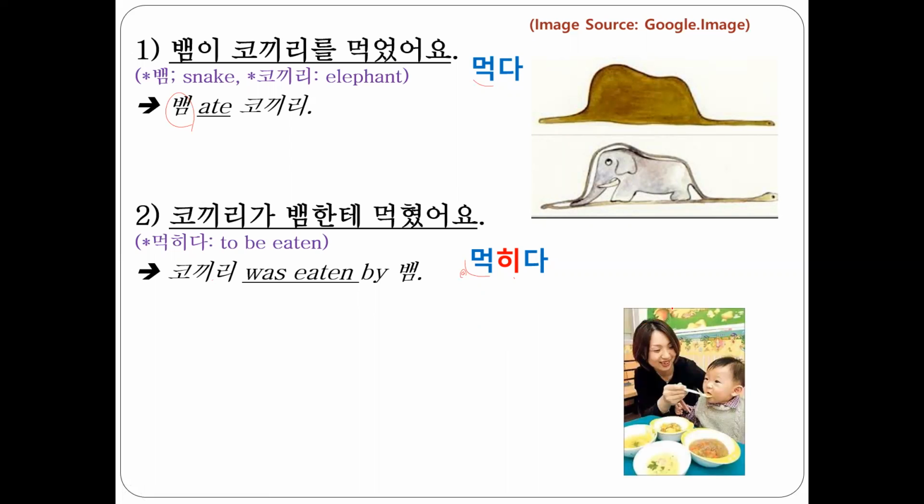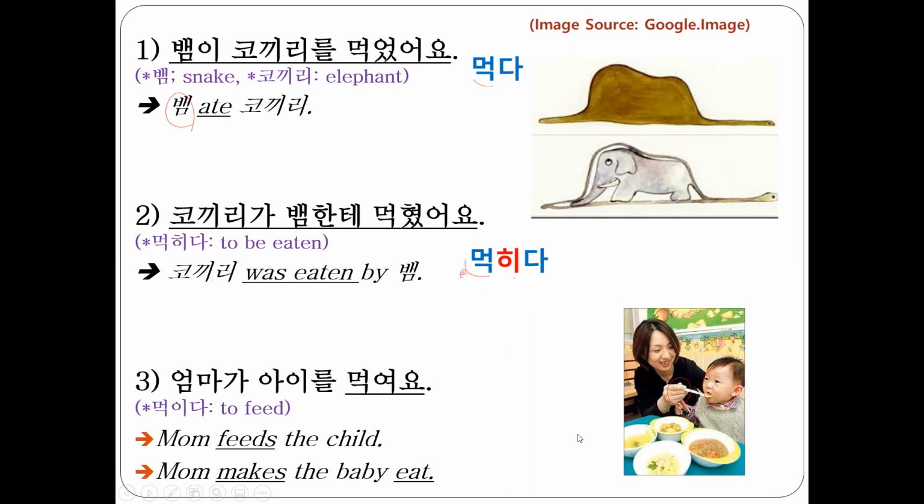그런데 look at this image. If you see this image, mom does an action and this action makes baby do some action too, right? We call this kind of verb causative verb라고 합니다. 자, what does it mean? 자, 엄마가 아이를 먹여요. Here, 먹여요.